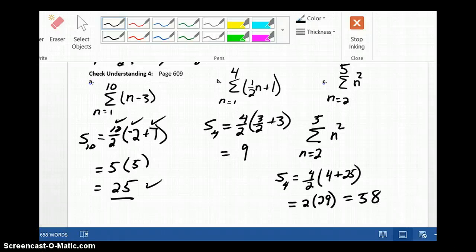I'm running out of time here, so I'll just sketch it out really quick. S sub 4 equals 4 over 2, n is 4. The first term is 4 plus 25, the last term. Simplifying it, 2 times 29, and I get 58. 58 is the sum of that sequence for n squared.